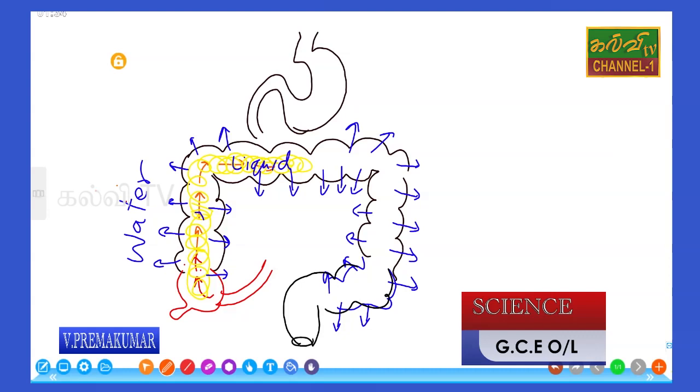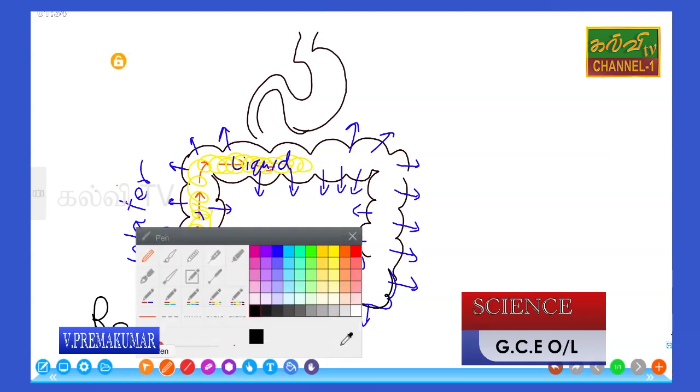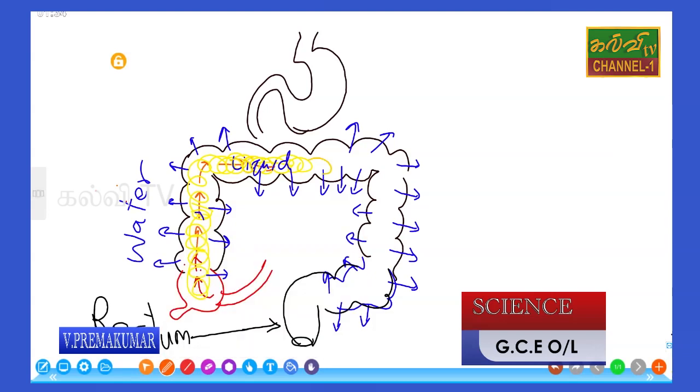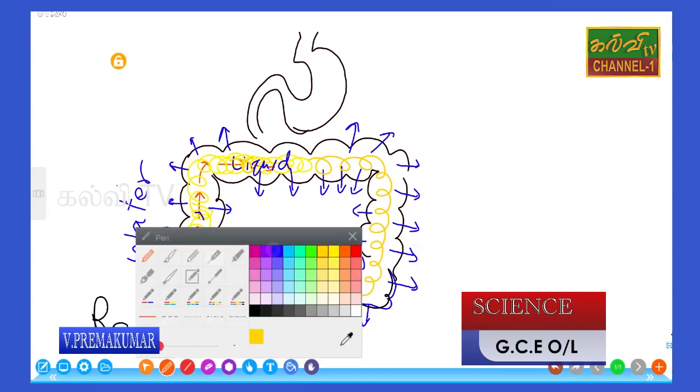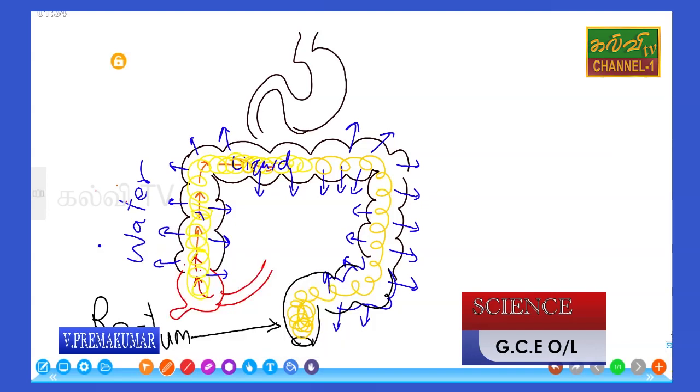This rectum can absorb more water. So the fecal matter can stay here. The fecal matter moves through this and can stay here. Therefore most of the water can be absorbed here.